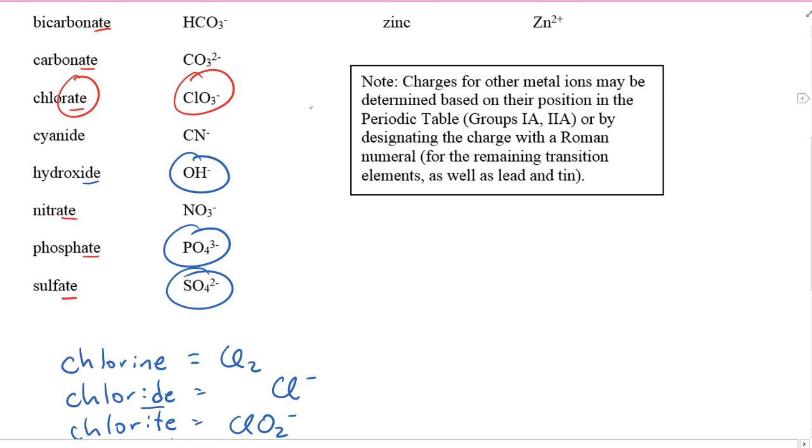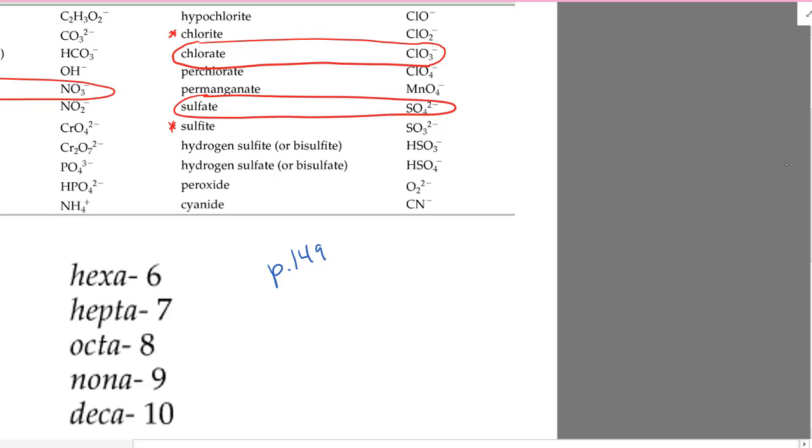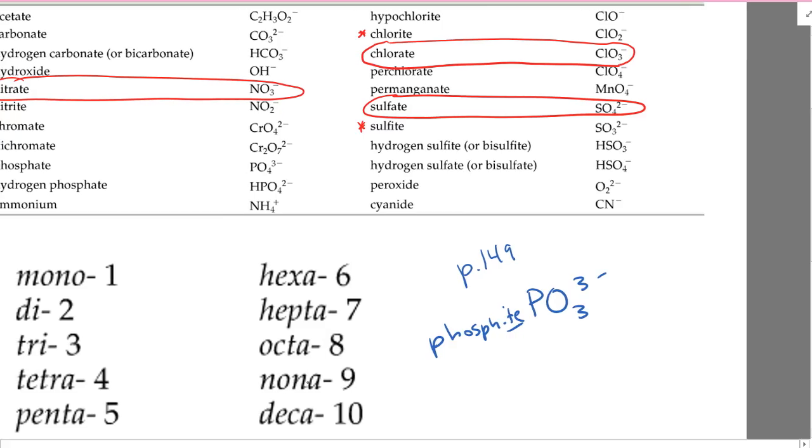Now I do want to quickly caution you on something here. We already looked at the phosphite ion, which is PO3 with a 3 negative charge. And of course that's because we looked at phosphate, which is PO4 with a 3 negative charge.